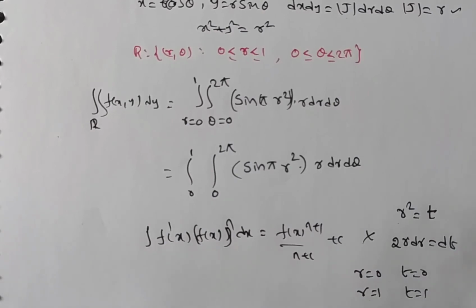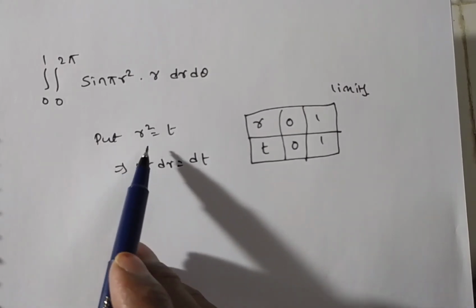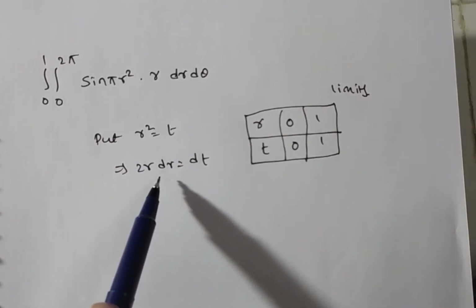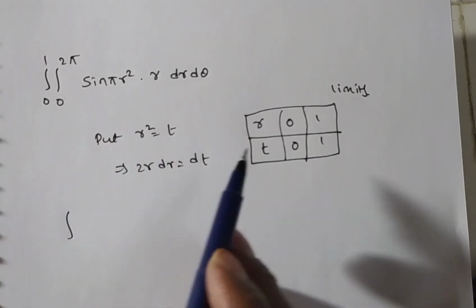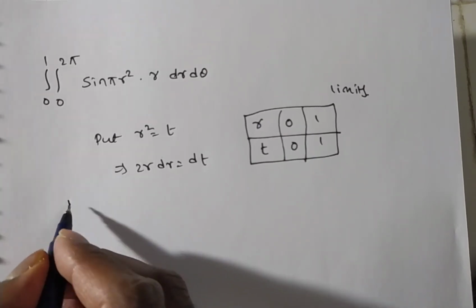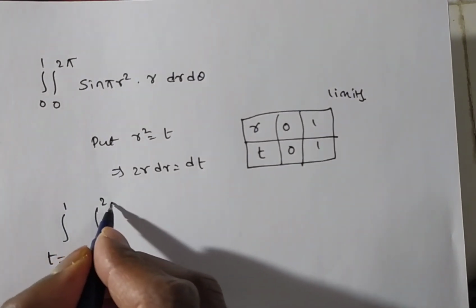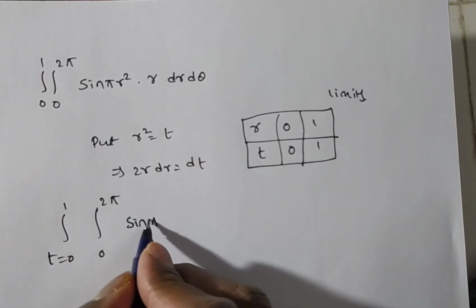So r values we are changing into t terms. Is it clear for everyone? Right. Now I am substituting r value and dr value, and limits also I am changing. Then r from 0 to 1 will become t from 0 to 1, and theta limits are 0 to 2 pi. Sine pi r square becomes sine pi t.